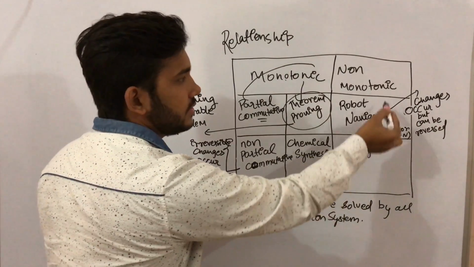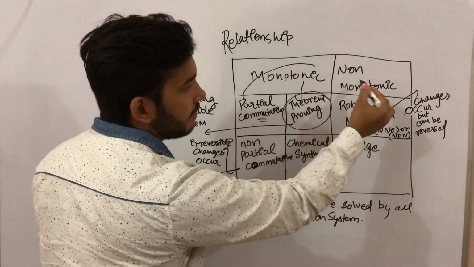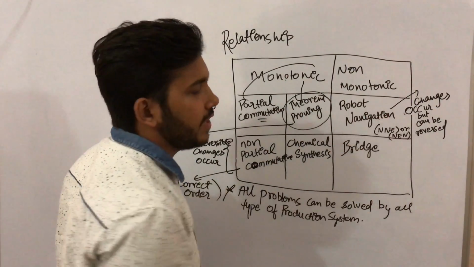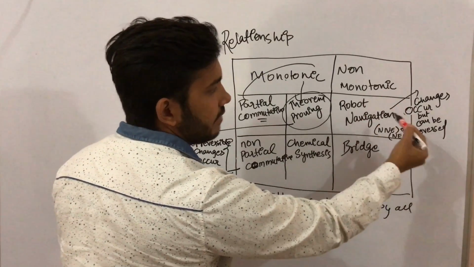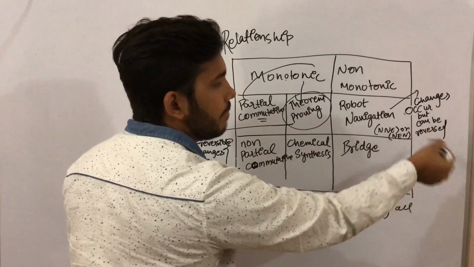In this category, partial commutative and non-monotonic, the example is robot navigation, a category in which changes occur but can be reversed.